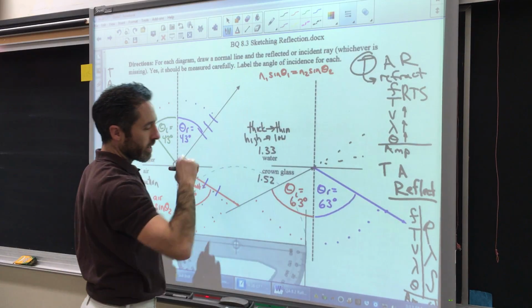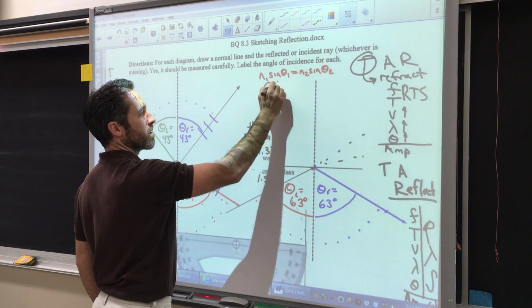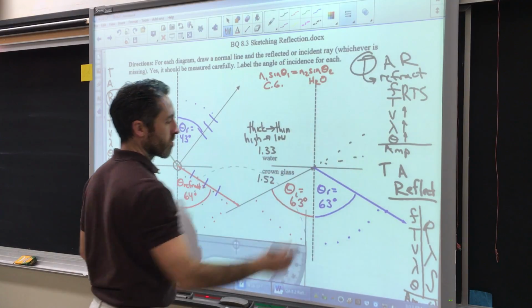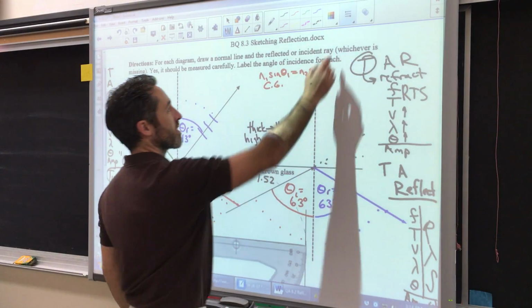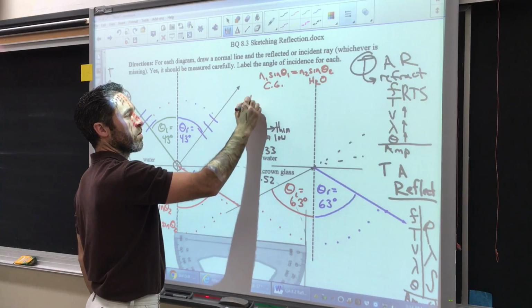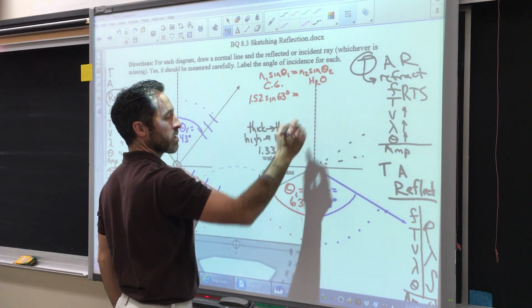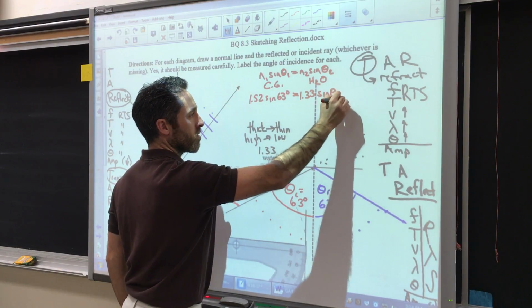And so if we plug in ours, we can make n1 the crown glass. And over here, we'll make this the water. By the way, it's nice to know crown glass to water. People sometimes get fooled into thinking everything is into air. All right, so n1 is 1.52 sine 63 degrees equals 1.33 sine theta 2.